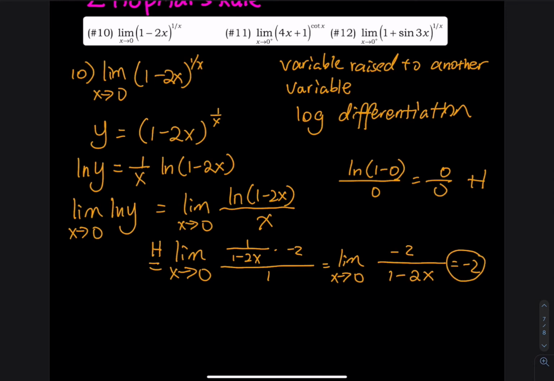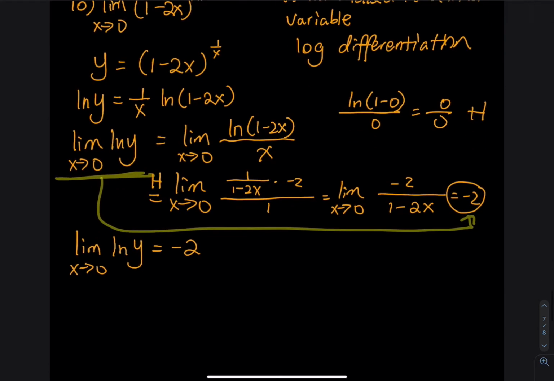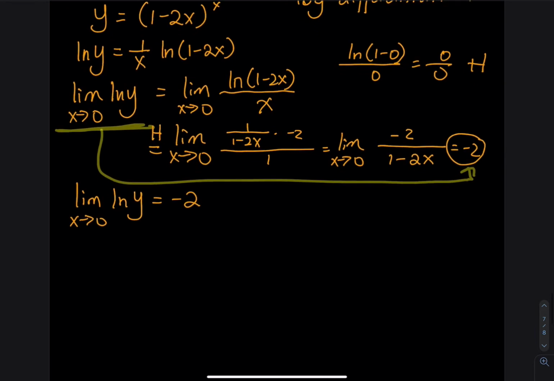So now here is how we read this. I bring this equals to this. So we write again the limit as x approaches 0 of ln y equals negative 2. All right, and then how do we solve this? This is based on a formula. So the formula, let's put that in red. Let's say we have a equals b.